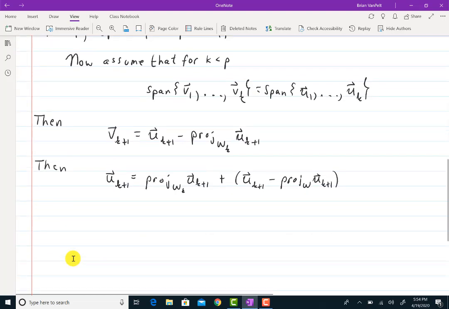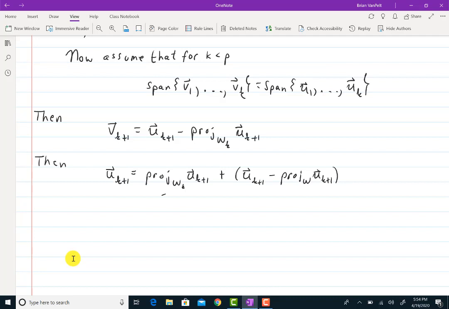Now if you'll see, what we have here is this here is in w sub k. So this right here has to be in w sub k perp by the orthogonal decomposition theorem.